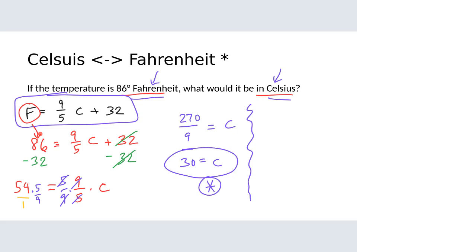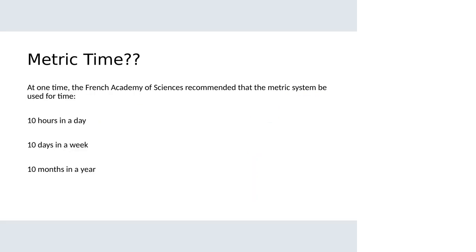Perfect. A lot of people really like the metric system because it's based on tens and ones. When it was becoming popular, there was a time where the French Academy of Sciences said that we should try using the metric system for time. What they proposed was that there would be 10 hours in a day, 10 days in a week, and 10 months in a year.